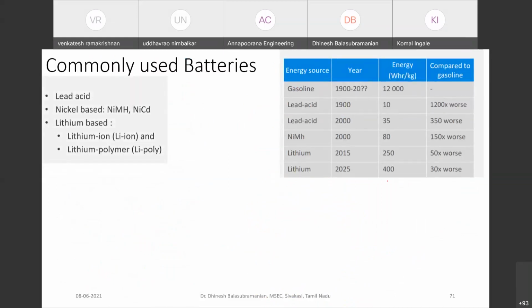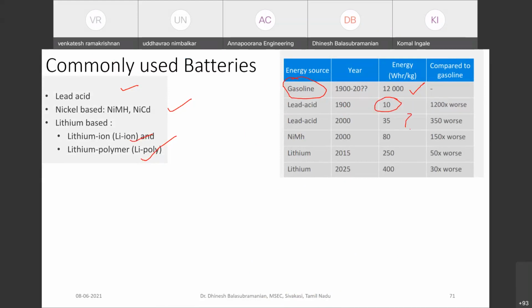So commonly used batteries are lead acid, nickel based battery, and lithium polymer battery, as explained earlier. But the base thing is that in the earlier stages, gasoline was used as an energy source. The energy content that the gasoline fuel has is nearly 12,000, but compared with gasoline, the energy source of lead acid is very minimal.